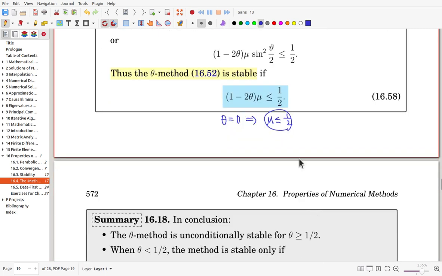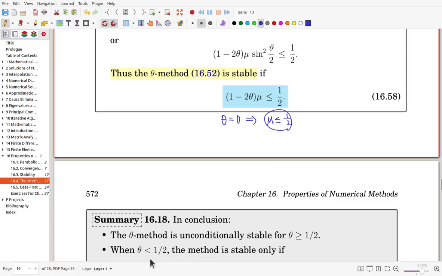Now, if theta is larger than or equal to half, then this becomes negative or 0, non-positive, and so this inequality will always be satisfied. So that is exactly this comment. The theta method is unconditionally stable when theta is larger than or equal to 1/2. When it is 1/2, it is called the Crank-Nicolson method. And when theta is 1, it is called the backward Euler method.